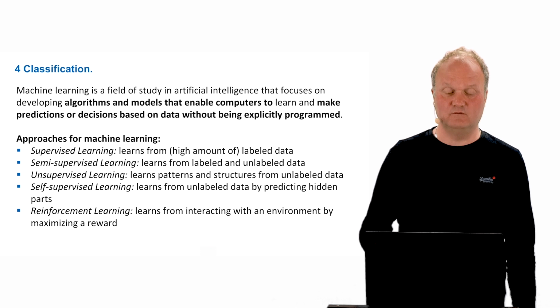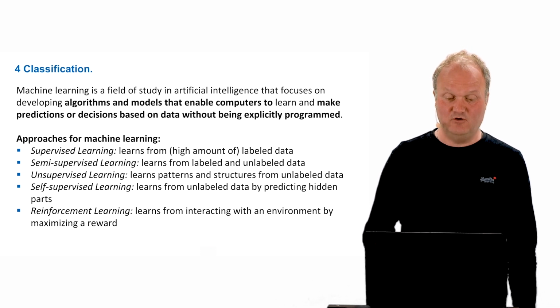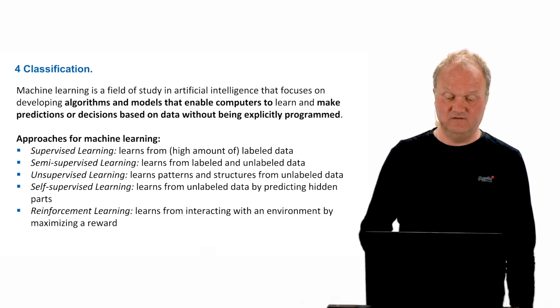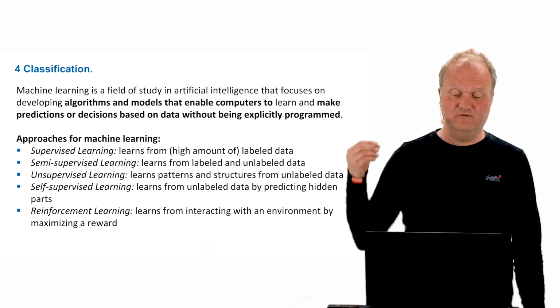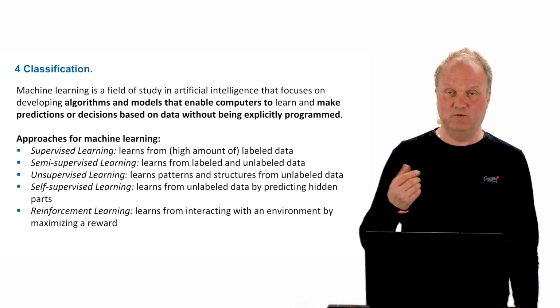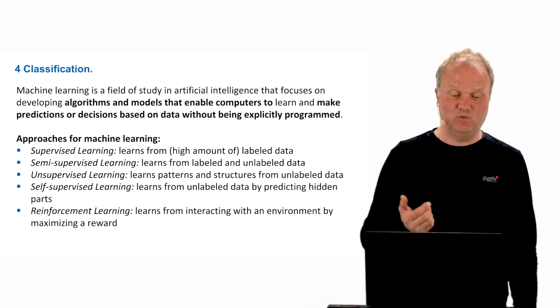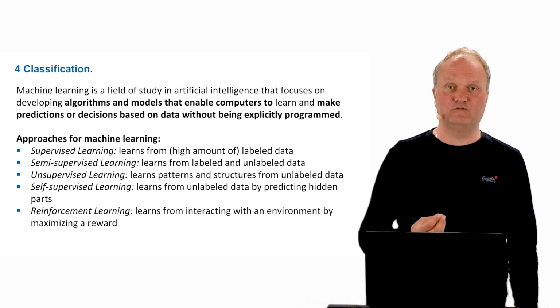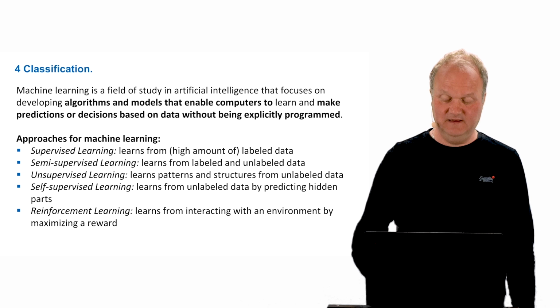There are other approaches to machine learning, for example, reinforcement learning, that learns from interacting with an environment by maximizing a reward or minimizing a set of penalties. And the goal is then to learn a policy that maximizes the overall cumulative reward over time. In the following examples, which I will present for automatic speech recognition, we'll mainly make use of supervised and self-supervised learning principles. But now let's find out what a neural network actually is.